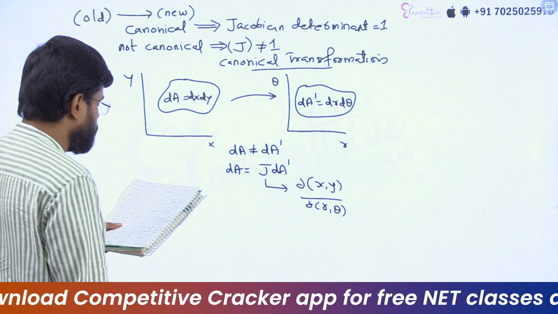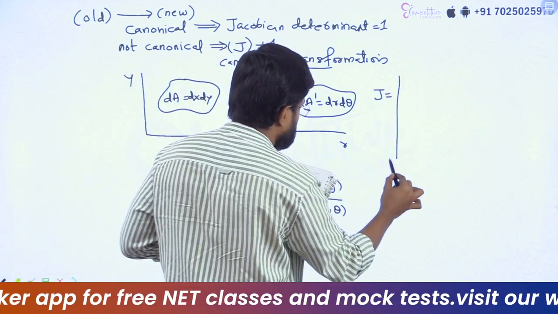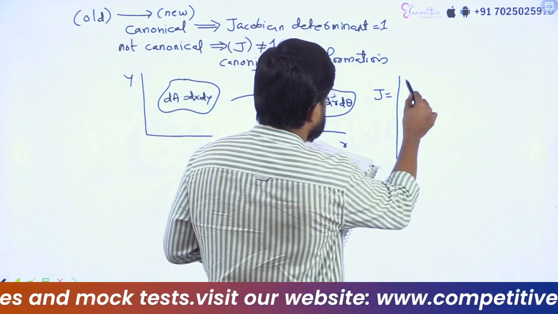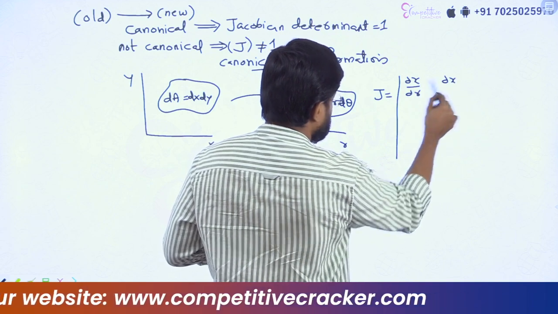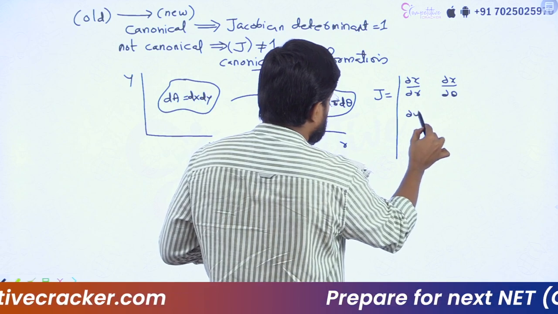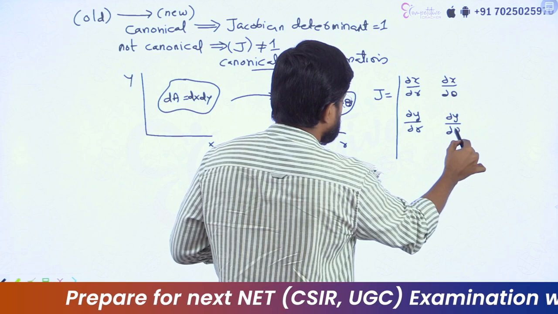Written in matrix form, it is dou x by dou r, dou x by dou theta, dou y by dou r and dou y by dou theta.